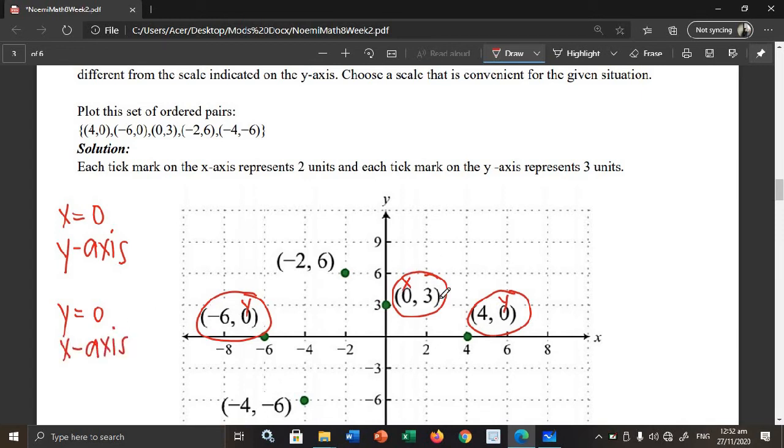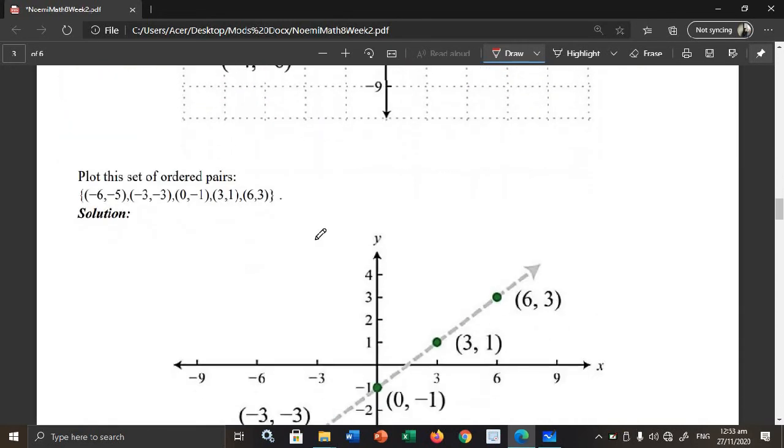Like this, 0 si x, diba? So, nasan yung plot niya? Andito sa y-axis. Dito, 0 si y, okay? So, yung plot niya nandun sa x-axis. Dito din, 0 si y, therefore, yung plot niya andito sa x-axis. Okay, baliktad. It is kind of ironic, pero it is normal, no?